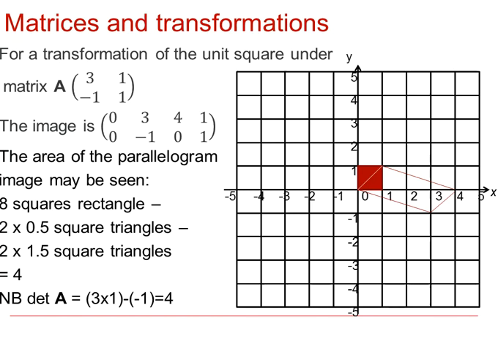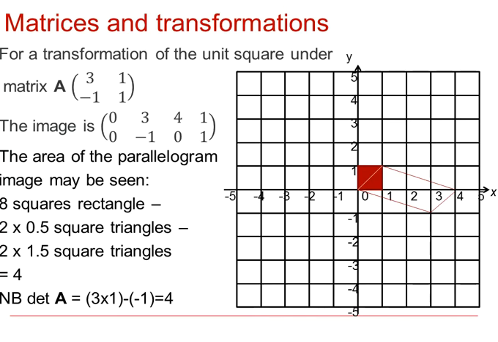Here is another example of a transformation of a unit square under matrix A, (3, -1; 1, 1). You can see that the image is (0, 0), (3, -1), (4, 0), (0, 1), shown in outline by the parallelogram with red sides.